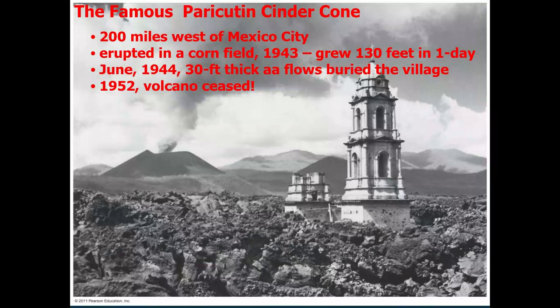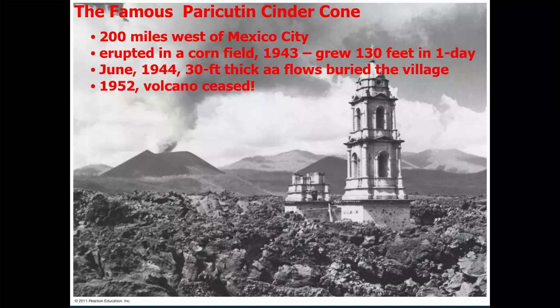One of the most famous cinder cones recorded in history, since geologists have been watching volcanoes form, is the Paricutin cinder cone. This is a cone that formed 200 miles west of Mexico City. This particular cone actually erupted in a cornfield in 1943.